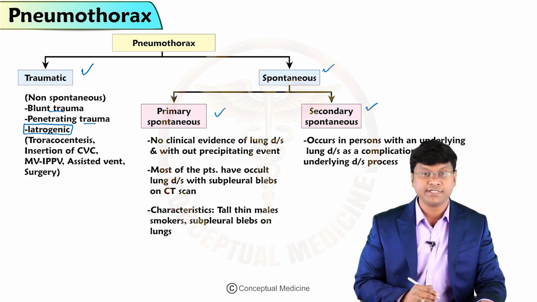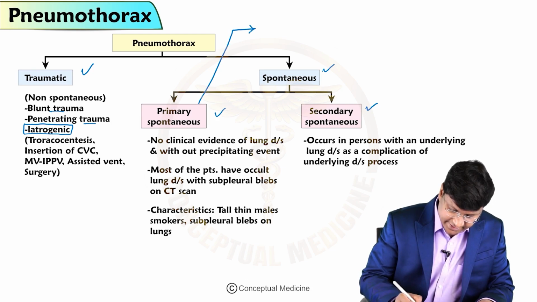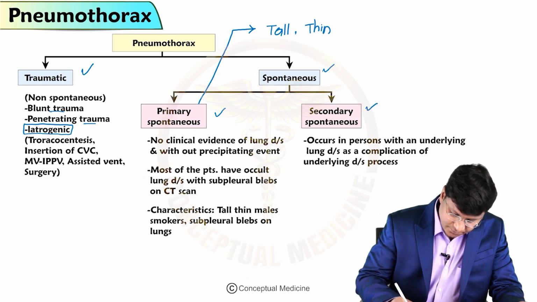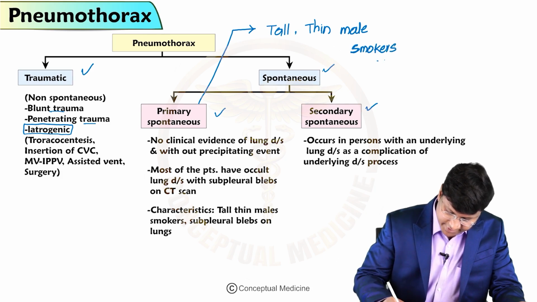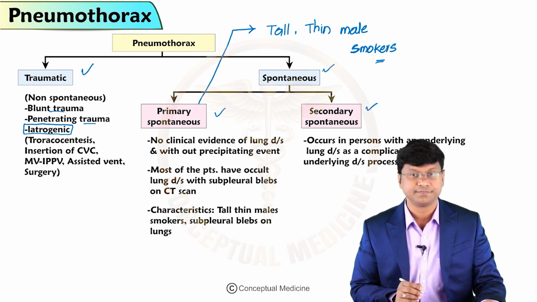This primary spontaneous pneumothorax, let me tell you, is most commonly seen in tall, thin, male smokers.